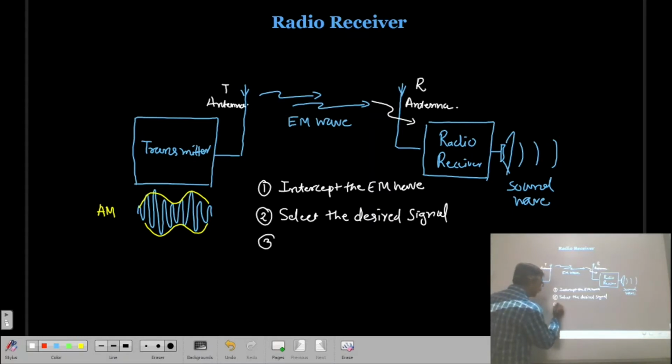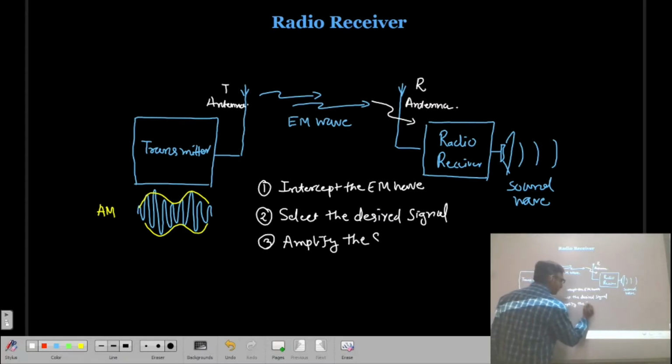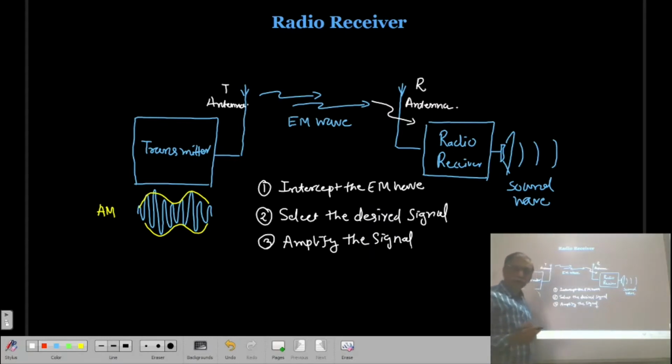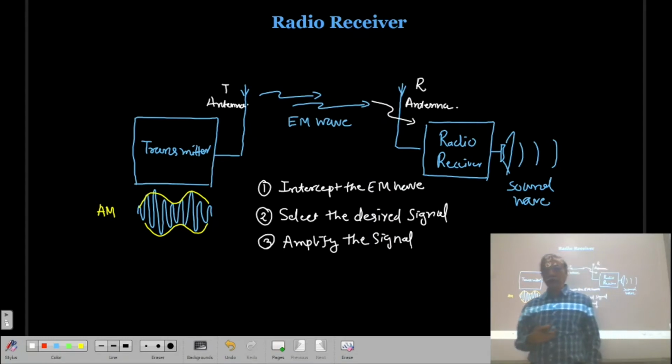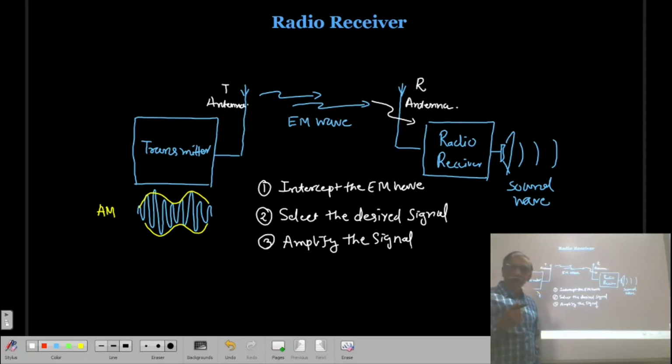Thereafter, it will amplify the signal. Because whatever the electromagnetic radiation is coming, if it is coming from a larger distance, then the signal is going to be very weak. So we have to amplify this signal.